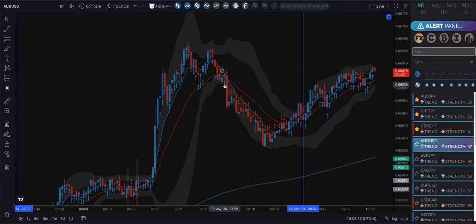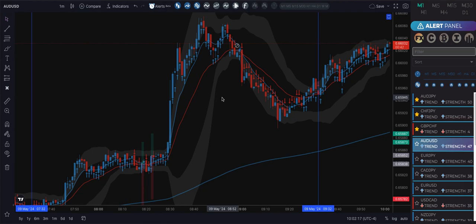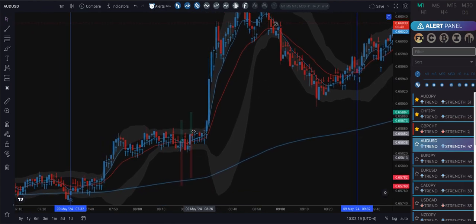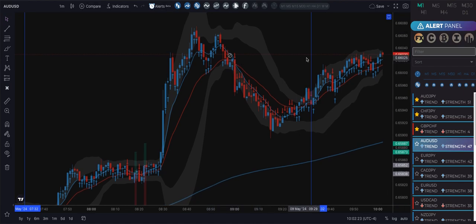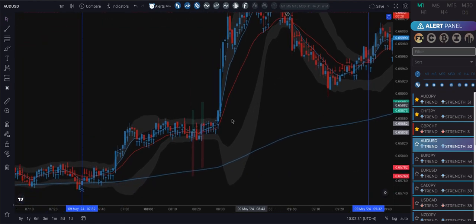Now, the problem here is that you want to be closer to the macro. So if it's already getting closer to this, if you take this trade, it would have been a loss. Two trades I think is enough, and you don't have to go for more than that.